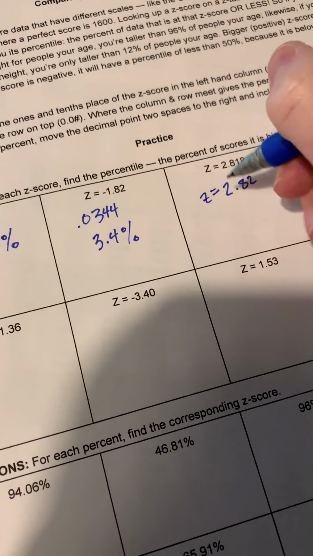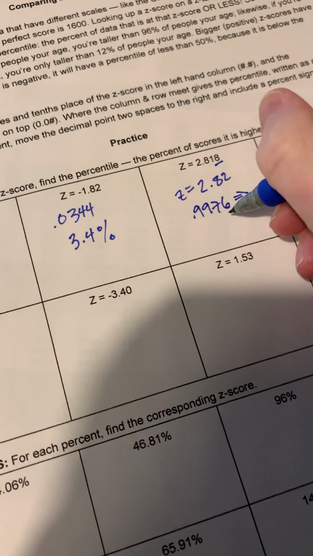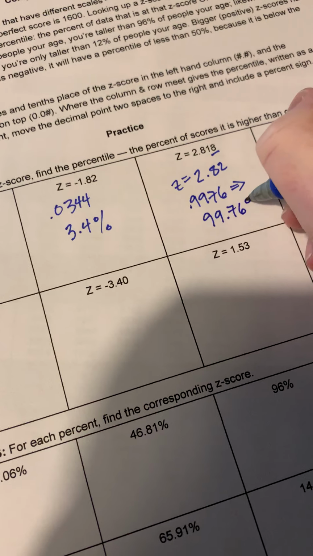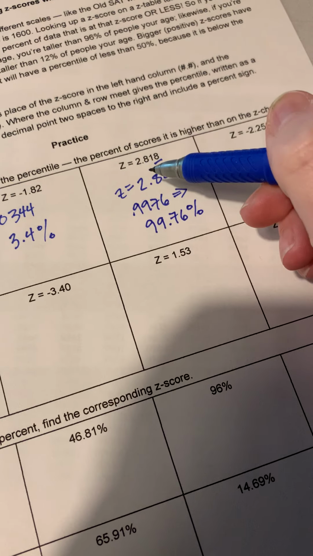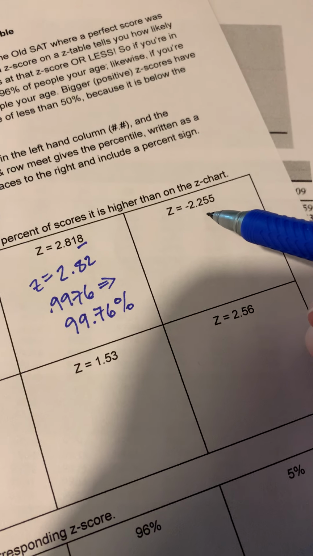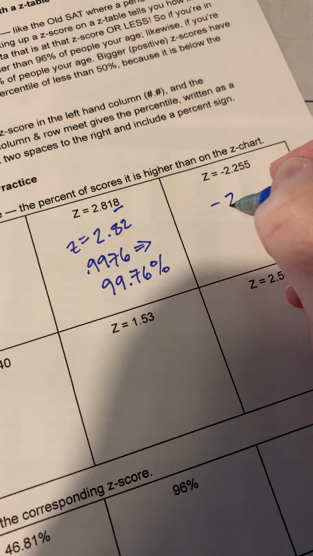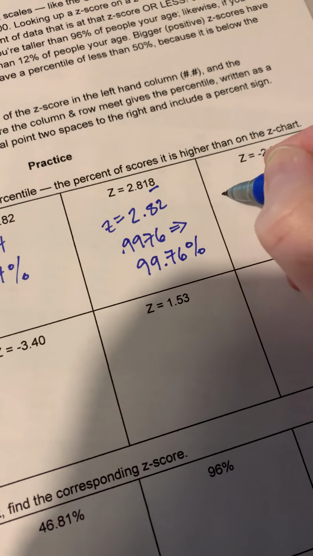So I go back here. That was z equals this, and I said 0.9976, so that turns into 99.76%. So remember, I had to round in this one because I had more than 3 numbers here. Same thing is true here. I have negative 2.255, so I'm going to go ahead and round and make that negative 2.26.